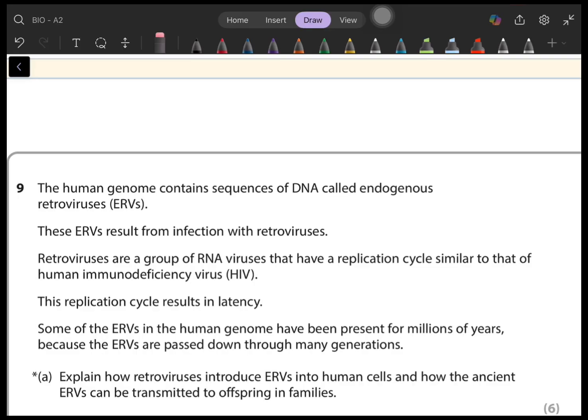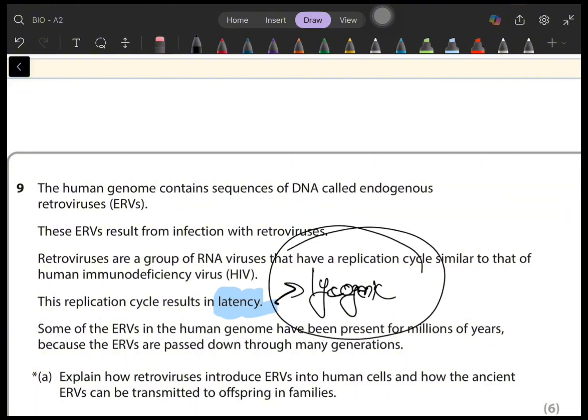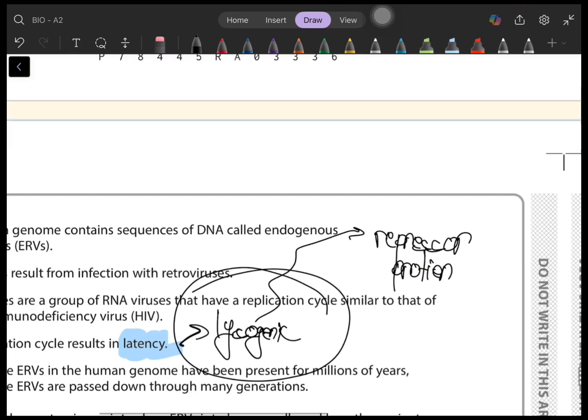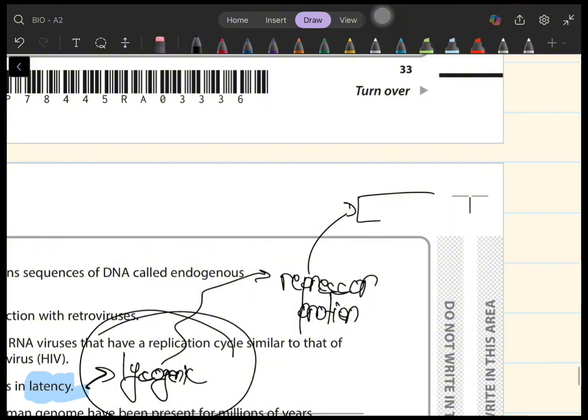And the replication involves latency, right? They follow the lysogenic cycle, which means that as the host cell's DNA replicates, the viral DNA replicates as well. But this viral DNA produces a repressor protein, and the function of this repressor protein is that it hides the viral DNA from being transcribed, which means that mRNA is not formed, right?